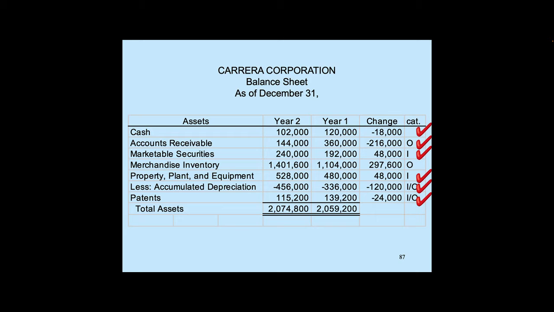Next, O is merchandise inventory. We can see that it started out at 1104 and ended up at 14016. So merchandise inventory has a beginning balance and an ending balance, and the way we get that to go up is by purchasing it. Now, you might say, I don't always buy my inventory with cash, I'll do it on account. That's quite possible, but we're going to deal with accounts payable in just a moment.